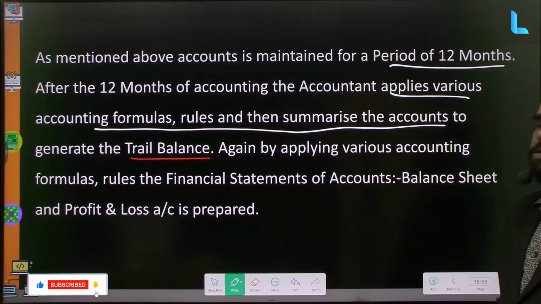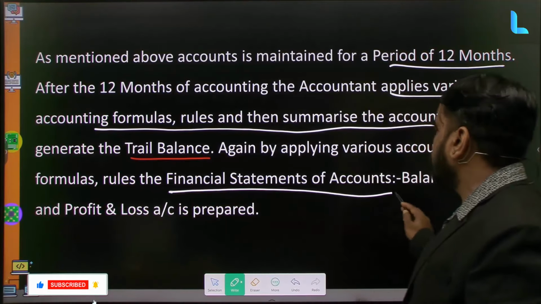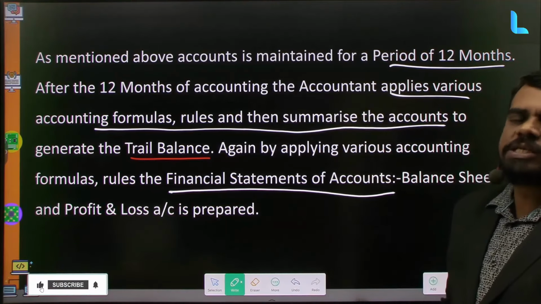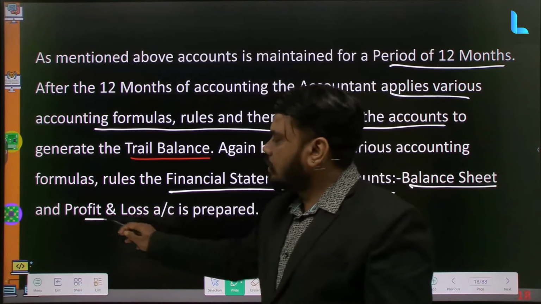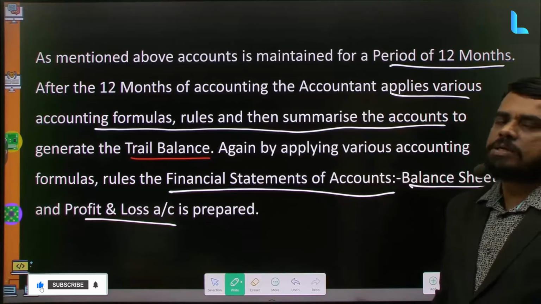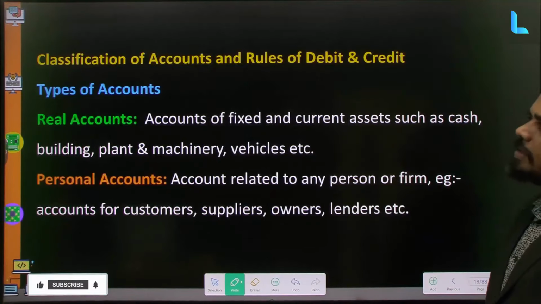Once the trial balance is prepared, again applying various accounting formulas and rules, the financial statements of accounts, that is the balance sheet and the profit and loss account, are prepared. So this gives a clear picture of our business.